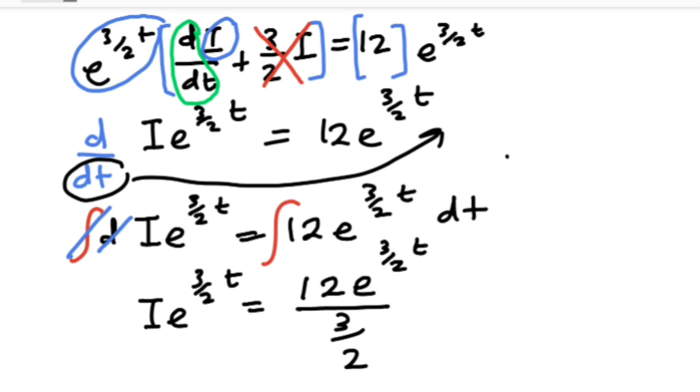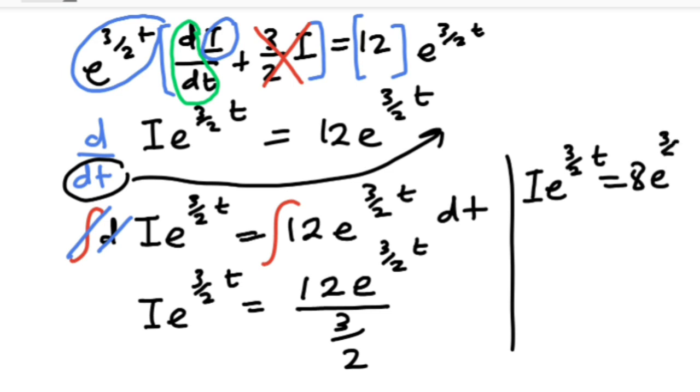Lastly we obtain I e^(3/2 t) = 8 e^(3/2 t), since 12 divided by 3/2 is 8. But don't forget to add c after you integrate. We want I to be the subject, so we divide both sides by e^(3/2 t).